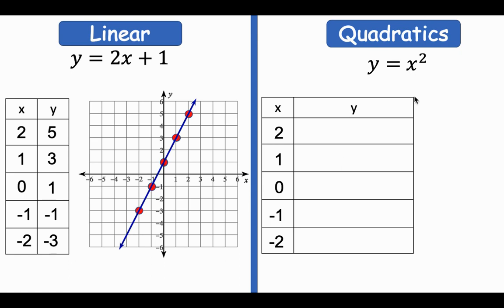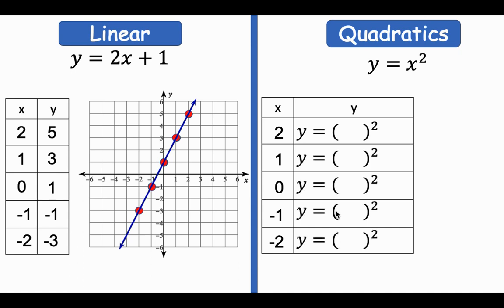What I like to do is anywhere I see an x, I'm going to put a blank spot, a pair of parentheses, because I know I'm going to fill in this 2 there. Before I start filling in each one, I call this my frame. Once I get my frame down, I'm going to put it down on all of these. That way I just know that I have my blank spot and squared. Now anywhere I see a blank spot, I know that used to be my x, so I'm just going to plug that in.